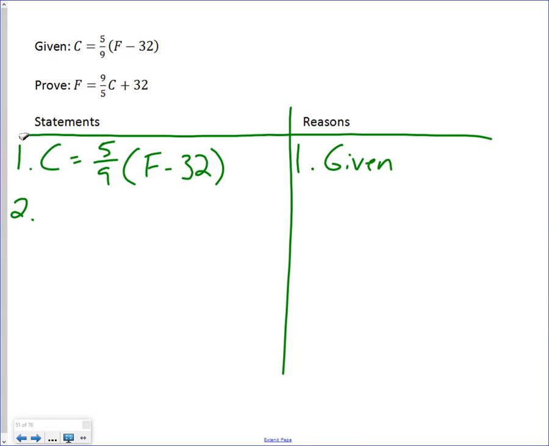It's just a fraction. So multiplying both sides by 9/5, we get 9/5 C equals, well, if we multiply 5/9 by 9/5, we get 1/1. So we're left with F minus 32.